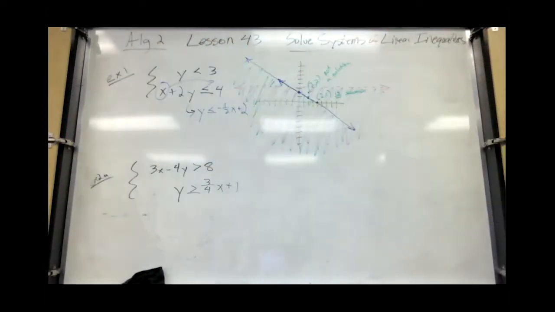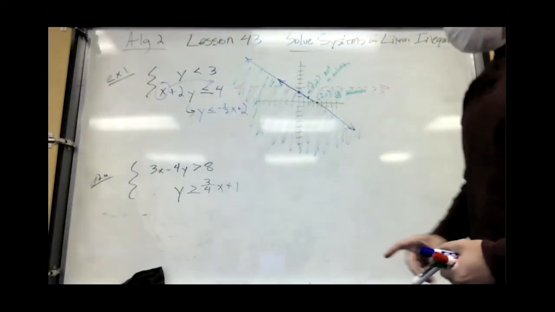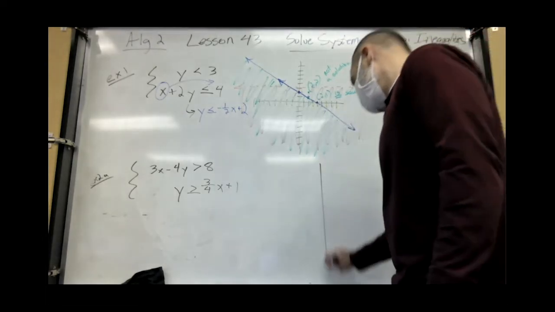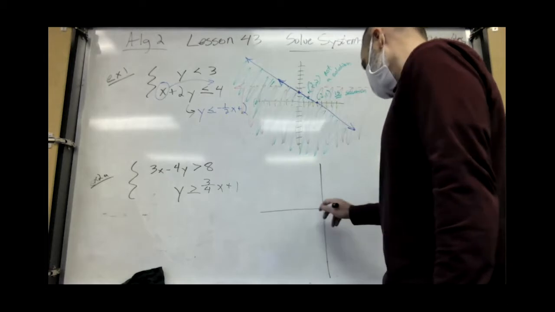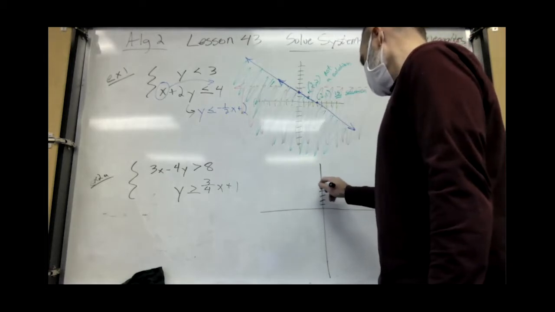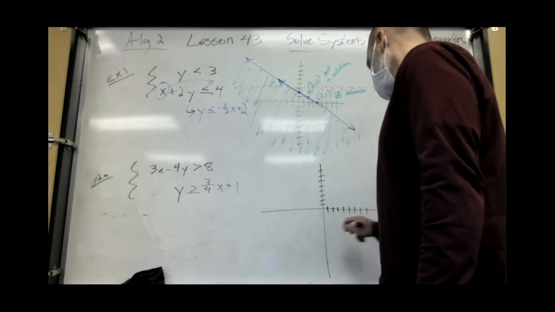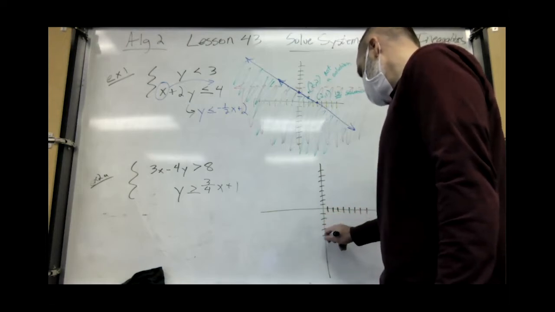Well, that second equation is a nice little gift, right? It already is in slope-intercept form, so how do you graph that? Just walk me through that.